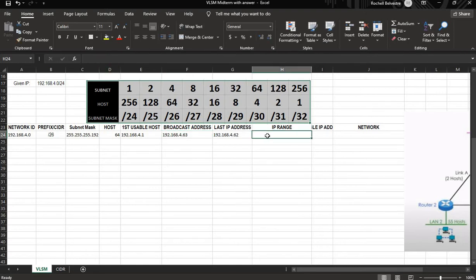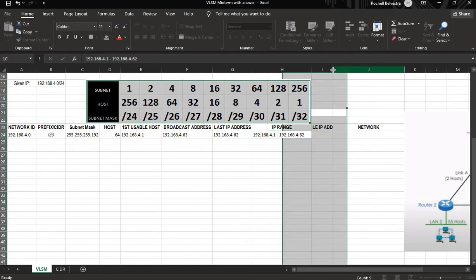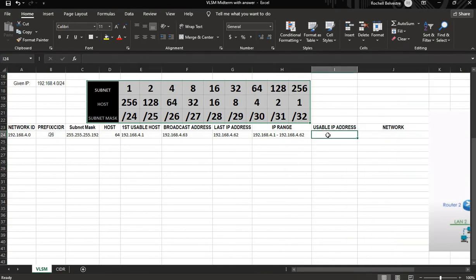So the IP range would be 192.168.4.1 to 192.168.4.62. And the number of usable IP addresses is 62. Why 62? Because the last usable IP address is subtracted by the network ID.